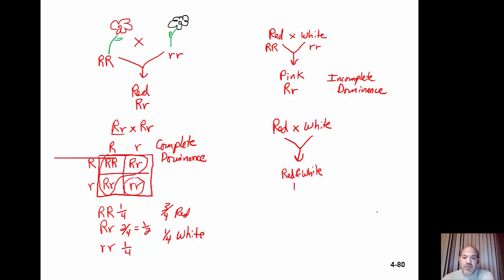So it seems that both in the heterozygote are equally expressed. So we get the red and the white. That would be referred to as codominance.